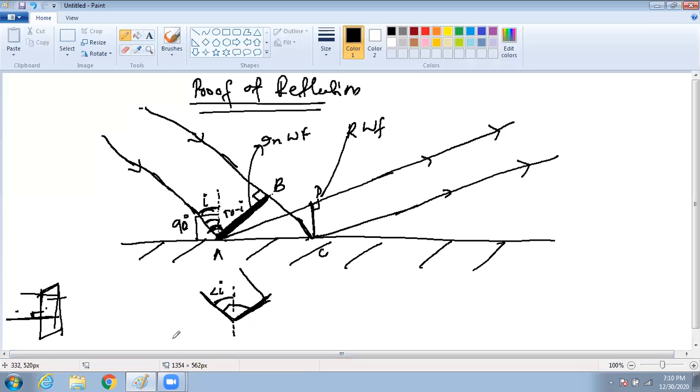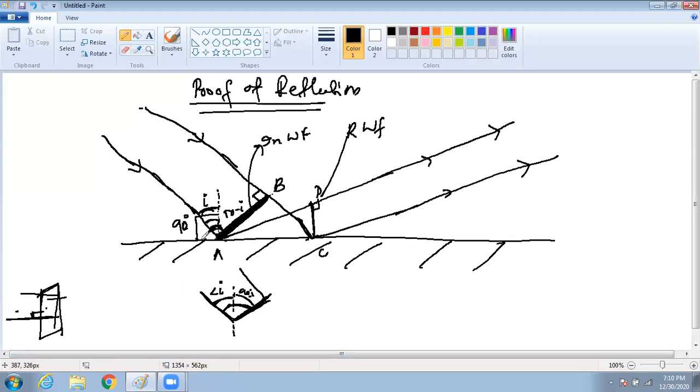I. This whole angle is 90 degrees, this angle is I, then the remaining should be how much? 90 minus I, or not? Clear? That was the confusion. I made a mistake somewhere, so I was not able to explain. So this is 90 minus I.